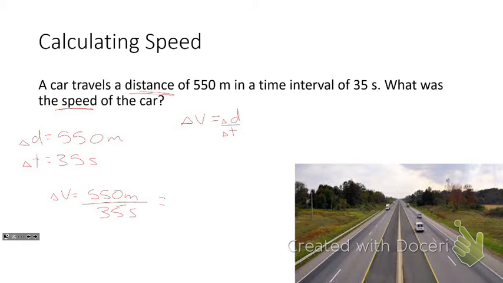Okay, so 550 divided by 35 gives us 15.71 and so on. And what are the units going to be on this? Meters per second, great. Because all we're doing here is dividing a meter by a second. But we want our final answer to have only 2 sig digs, right?